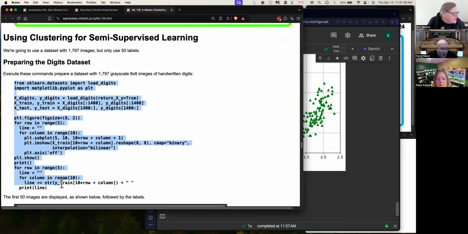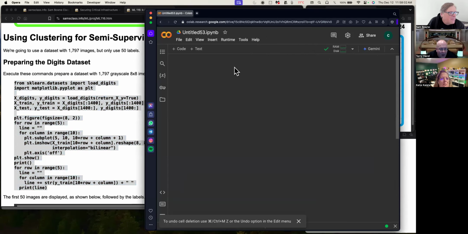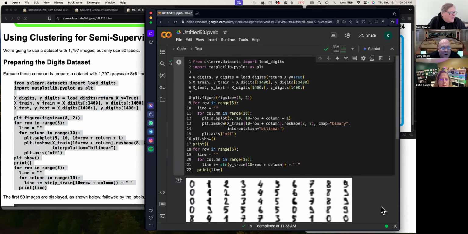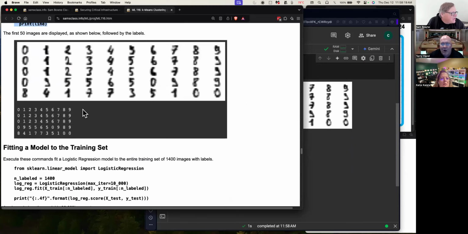If I go back to the digits data set, consider this problem. Let me just clean this out and start again. Now, I have a bunch of images, handwritten digits, and it comes with labels. First, I'm going to train a model on the entire list of labeled numbers and see how good it is.